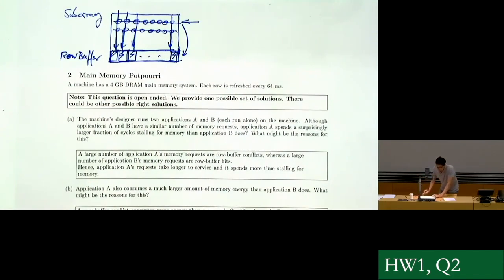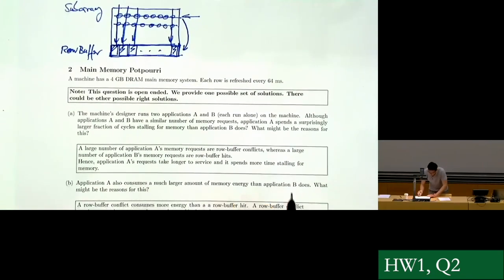And the question A is asking why application A takes so long. If you take into account what I just explained with regards to the row buffer and the subarray, you can figure out this answer.